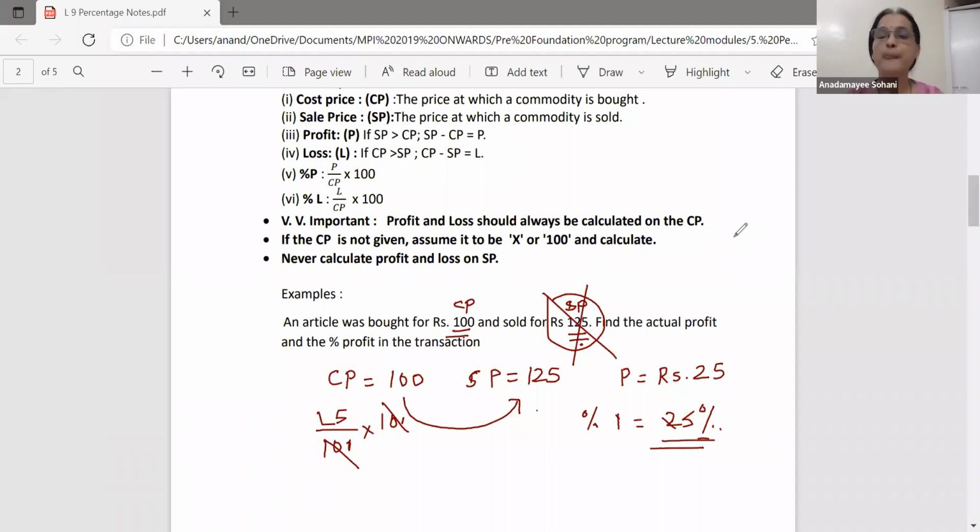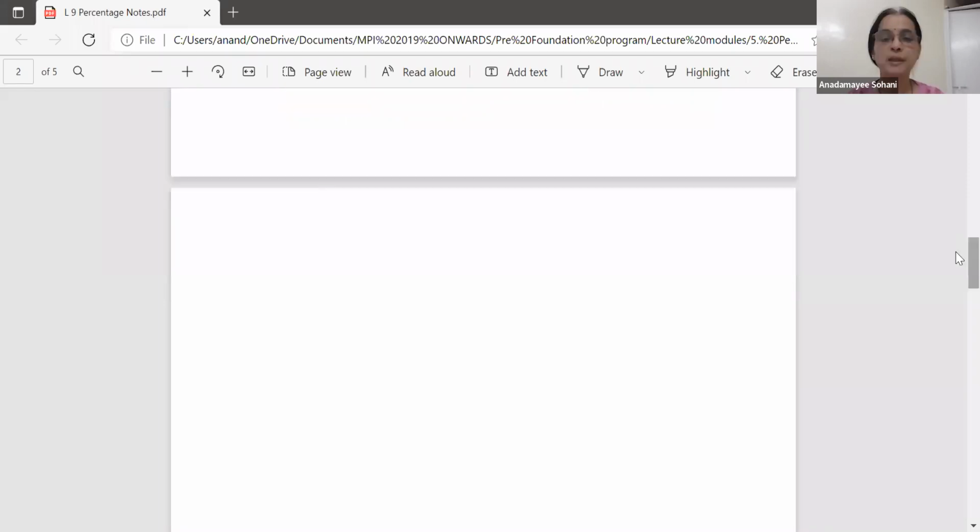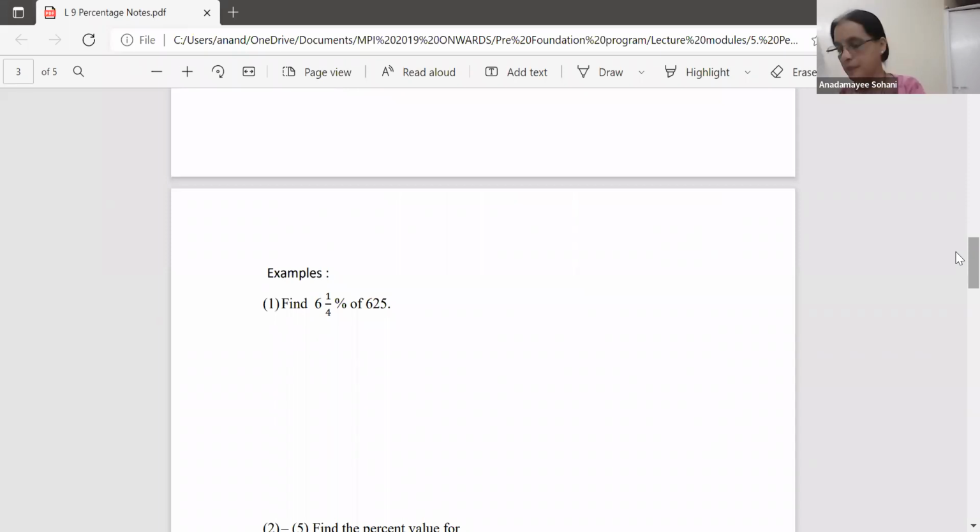Then next example, you will need to look at these examples very carefully because there can be many tricks in these examples. We will see a few examples now.